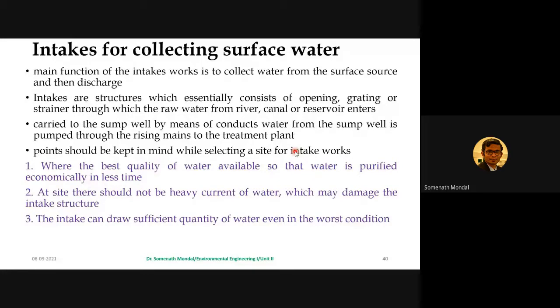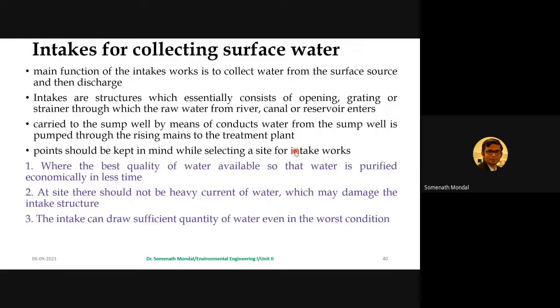Now there are a few points regarding the intake sites that we should consider. Let me talk about them. First, where the best quality of water is available, so that the water is purified economically and in less time. That has to be decided among the different surface water sources.